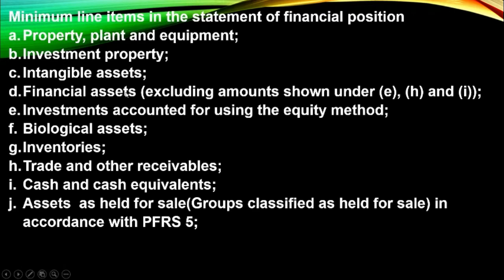So there are minimum line items in the statement of financial position. We have property, plant and equipment, investment property, intangible asset, financial asset excluding amounts under E, H and I. Then we have investments accounted for using the equity method, the biological asset, the inventories, the trade and other receivables, cash and cash equivalents, and assets classified as held for sale in accordance with PFRS 5.